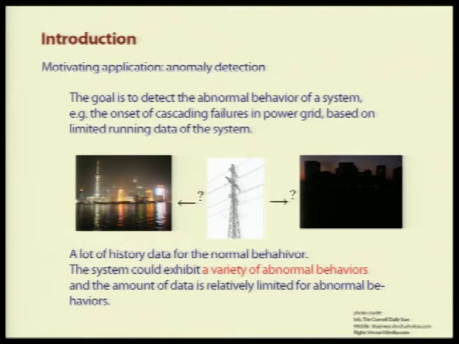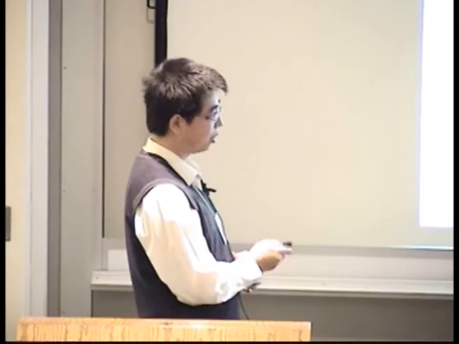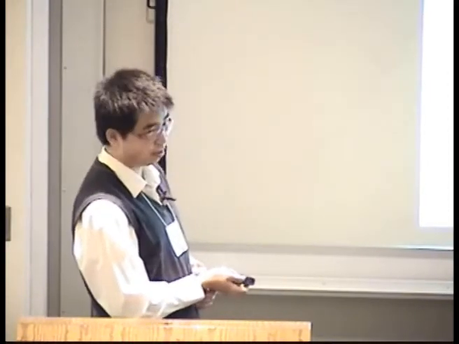In the application we are looking at, it has the following property. First, you have a lot of history data for the normal behavior. And the system could exhibit a variety of abnormal behaviors, and the data about that is limited. You can formulate this problem as a hypothesis testing problem. Basically, you are given a sequence of observations.